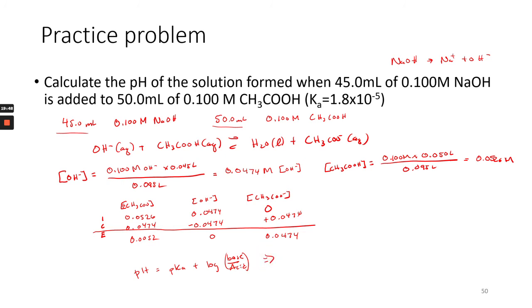That gives us, when we take the negative log of Ka, 4.74 plus the log of our concentration of our base over our acid. And we're going to get 5.70 as our pH.